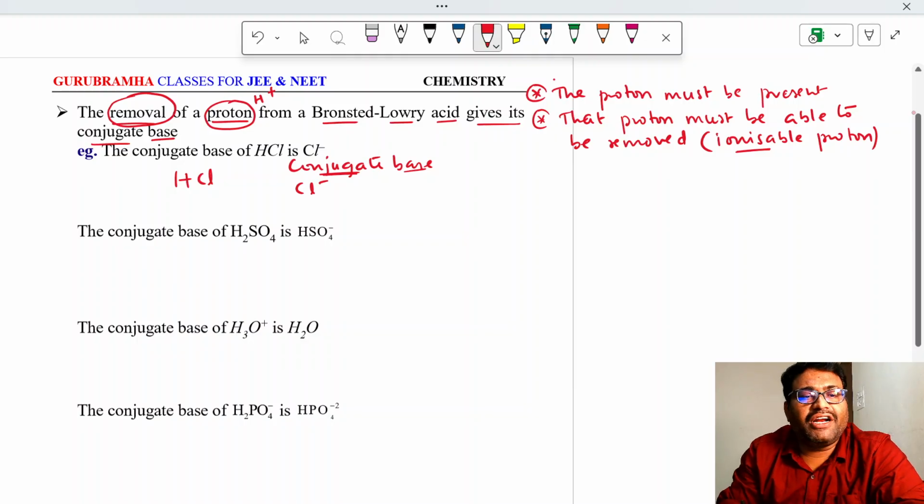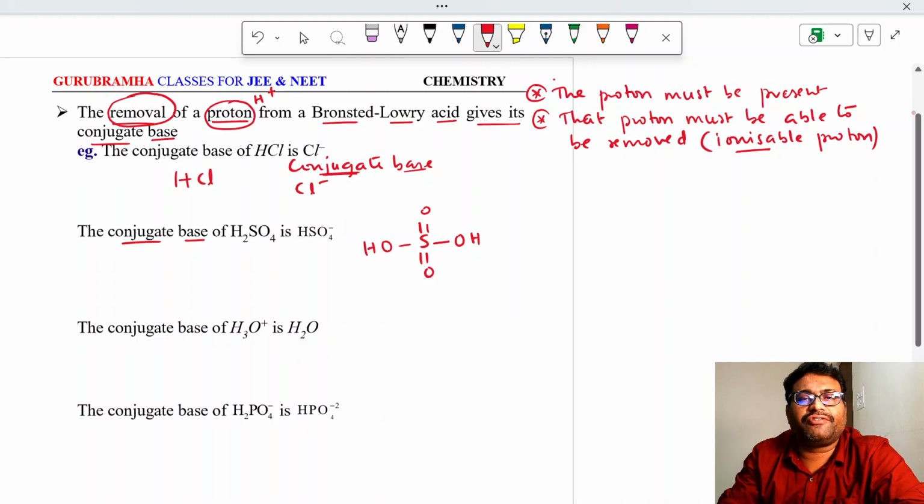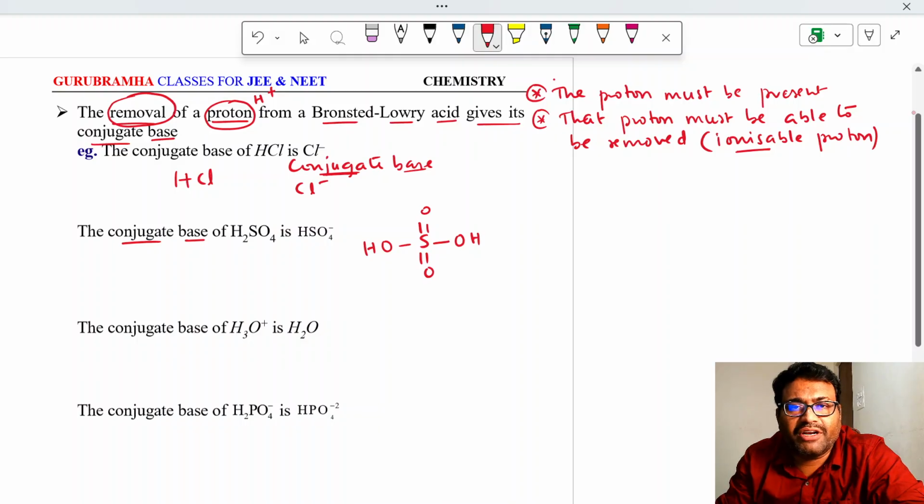Okay. Now let us see. The conjugate base of H2SO4 is HSO4 minus. Here, if you see H2SO4, this is the structure of H2SO4. Hydrogens attached to oxygen, oxygen being a more electronegative element. If hydrogens are attached to oxygen, simply we have to remember that those hydrogens are ionizable.